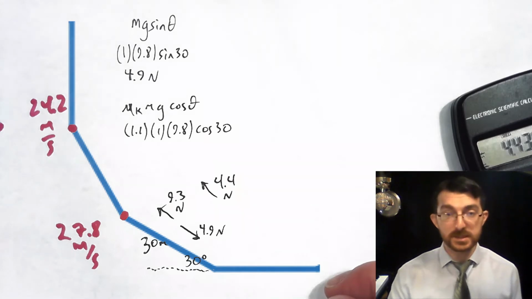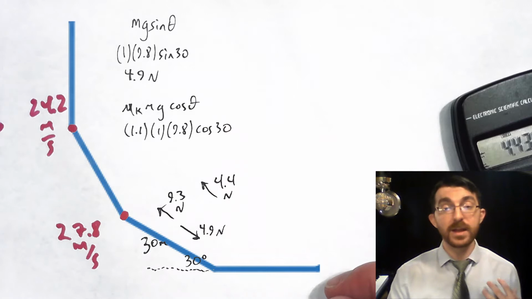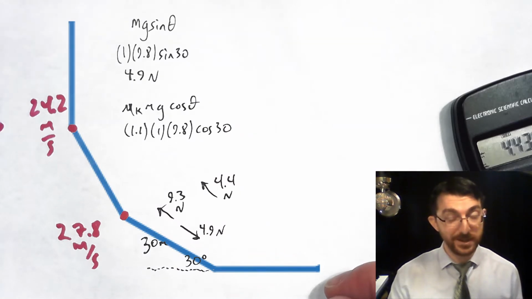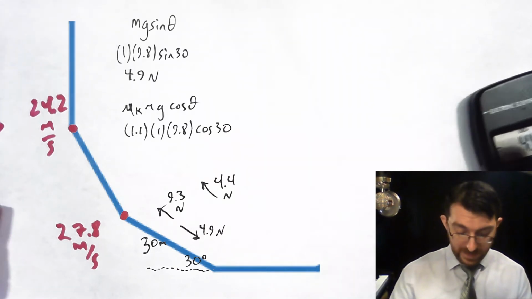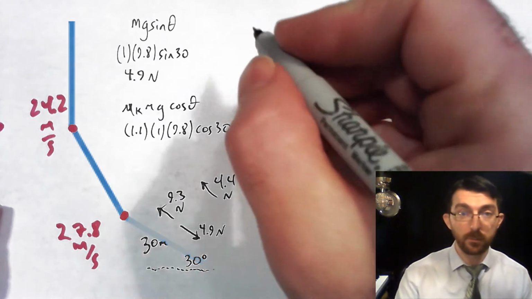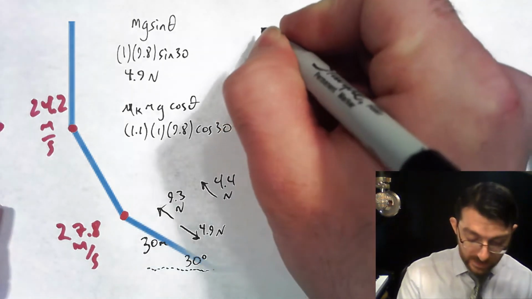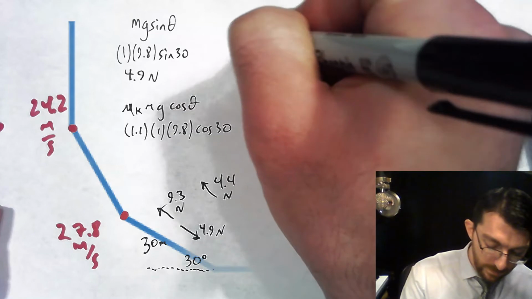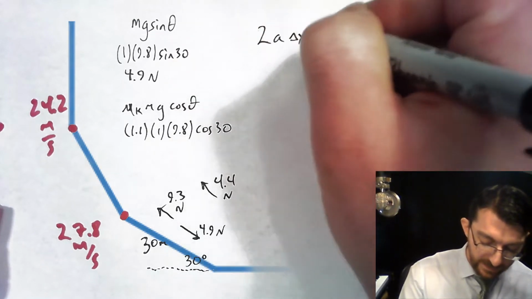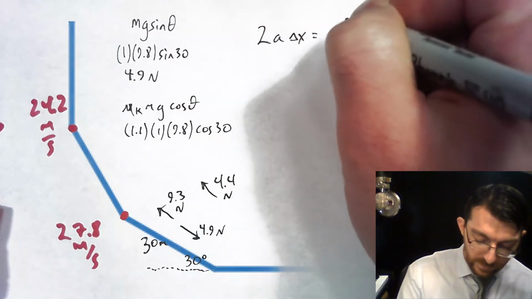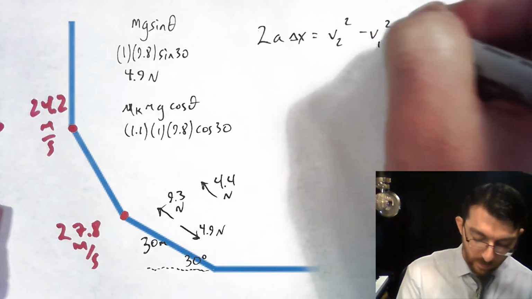Now, because this is slowing down, I need to be careful that I actually get my velocity to decrease, right? So let me go ahead and plug things into this equation. 2a delta x equals v2 squared minus v1 squared.